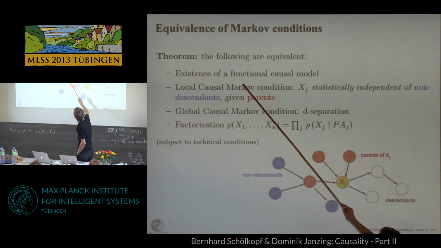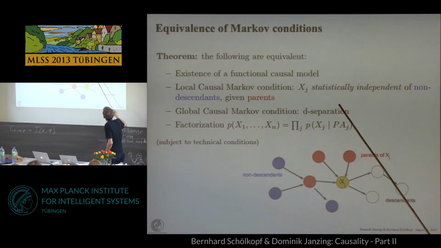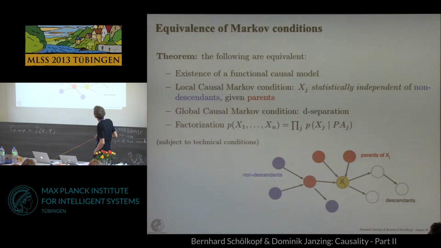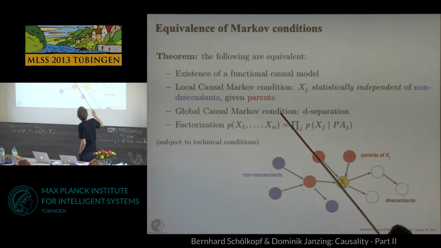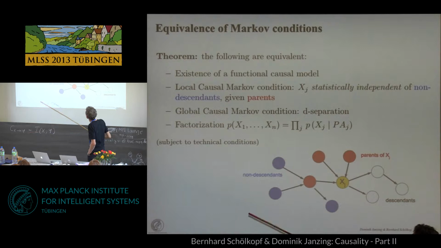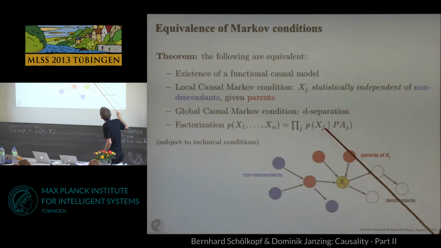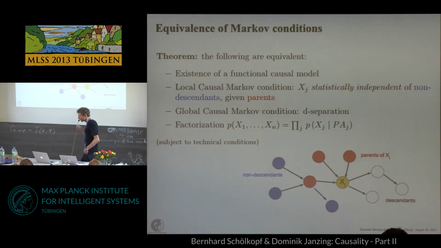We have the local causal Markov condition saying that every variable is statistically independent of non-descendants given the parents. And we have the global causal Markov condition saying that d-separated variables are conditionally independent. And we have this factorization into the conditionals given the direct causes.